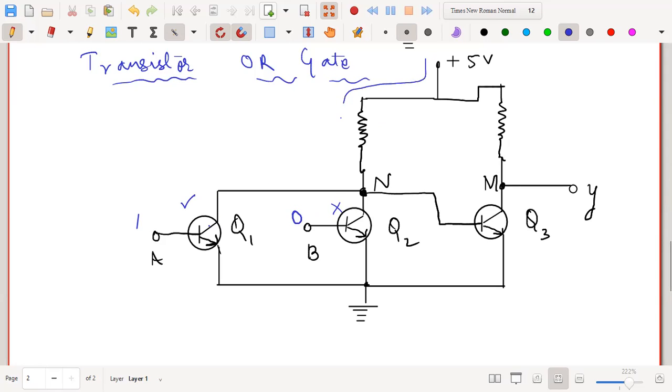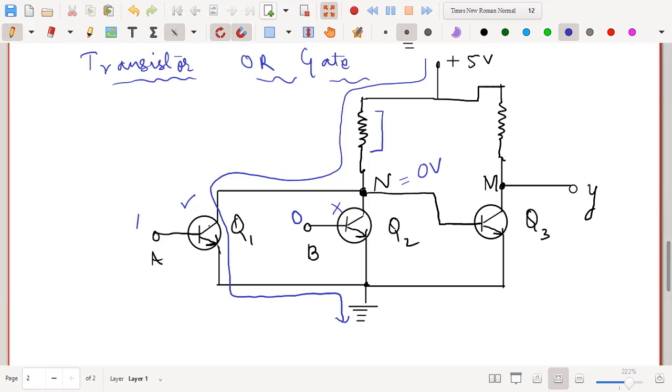The current will flow through this transistor, from the collector to the emitter to the ground like this. In this condition, whatever is the voltage appearing here, it will all be dropped across this particular resistance, and as a result the point N will go to zero potential, because in this case the current is flowing.